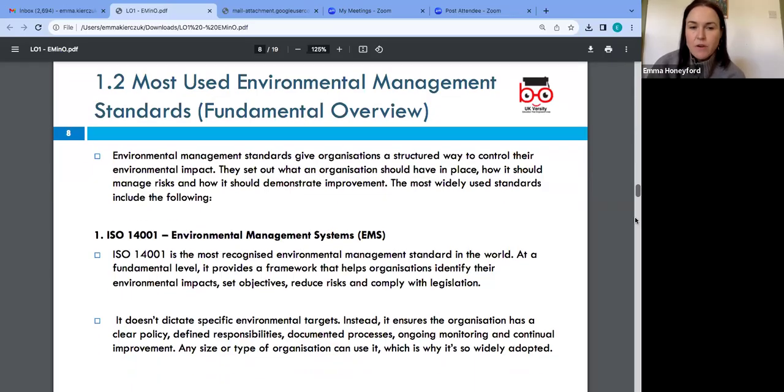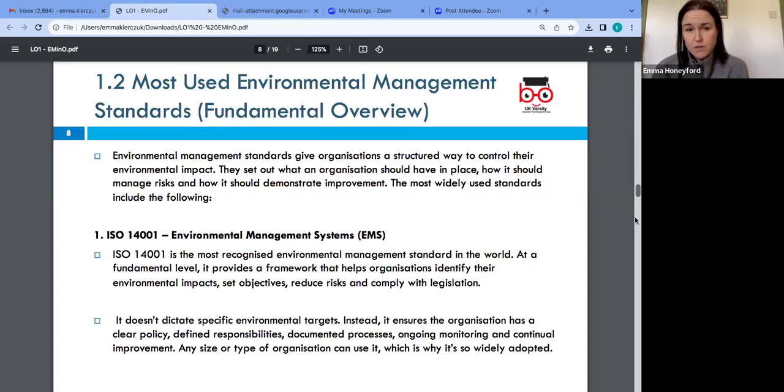This sets out a framework that helps organisations identify their environmental impacts, set objectives, reduce risks, and comply with legislation. It doesn't dictate specific environmental targets. Instead, it helps organisations to have a clear path to develop policy, define responsibilities and processes, and ongoing monitoring and continual improvement.